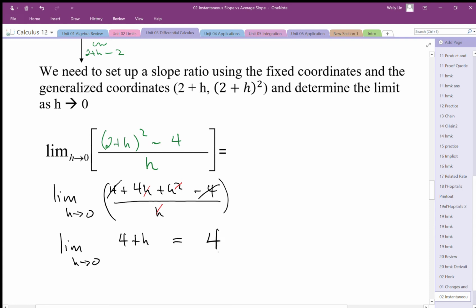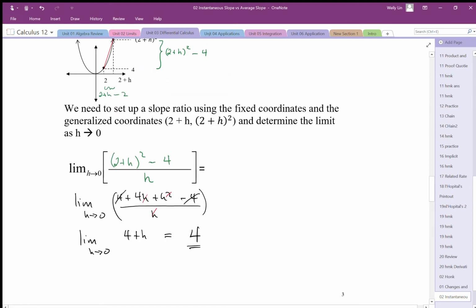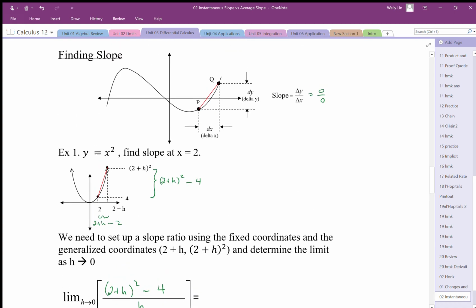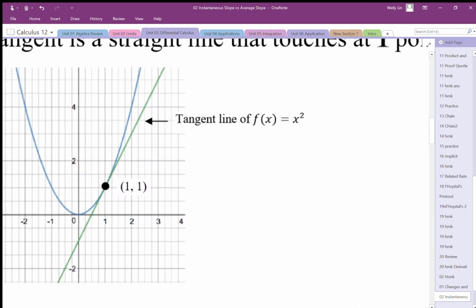My slope is 4. So as the graph approaches 2, the slope of the tangent line is going to be 4. This is not actually a good scale, so this graph here is a little bit better. That point right there is the point we're finding the limit for.